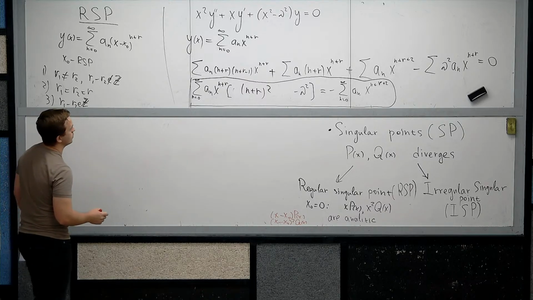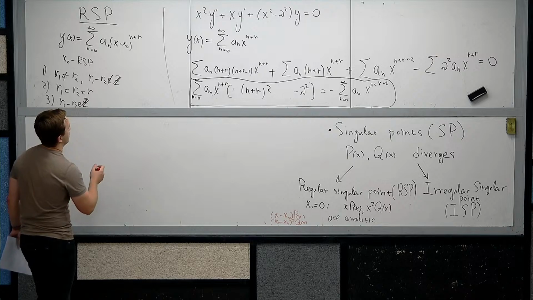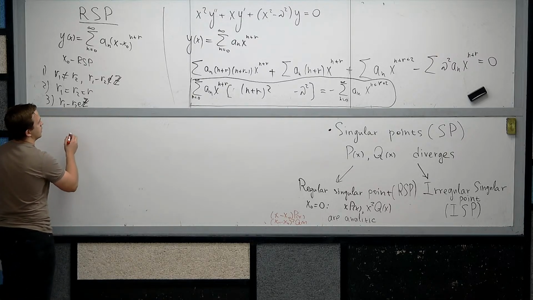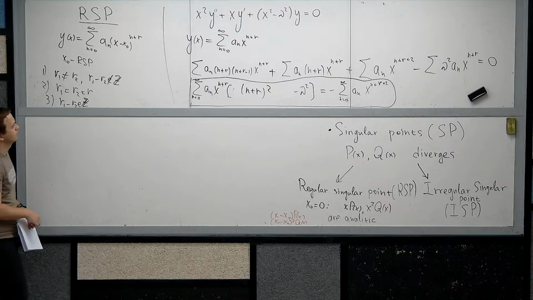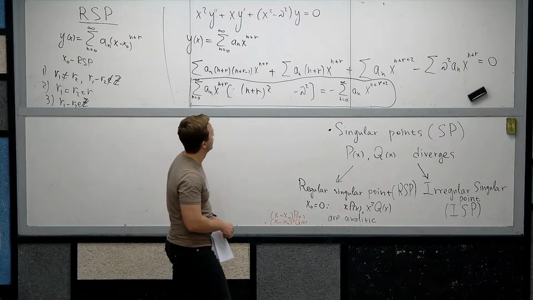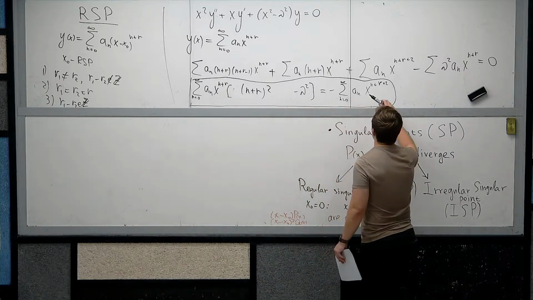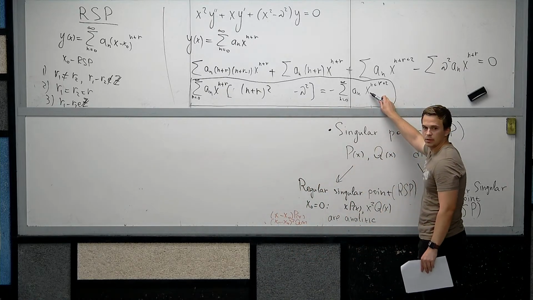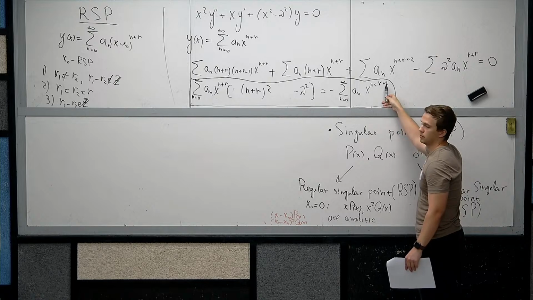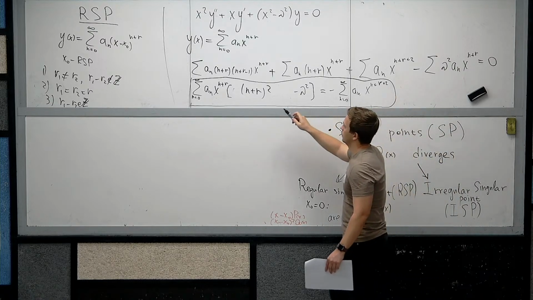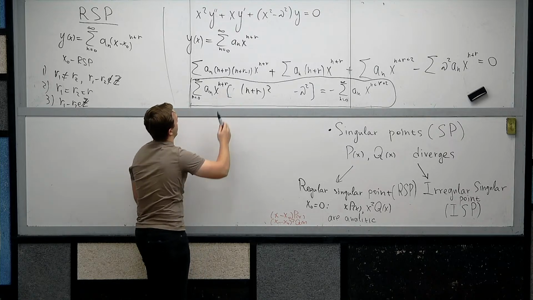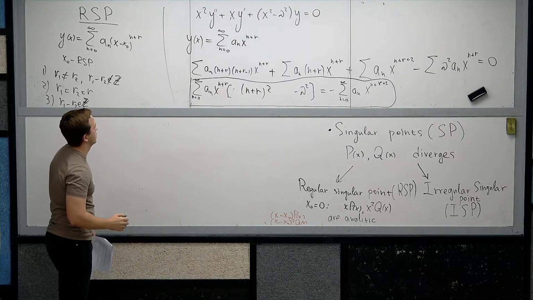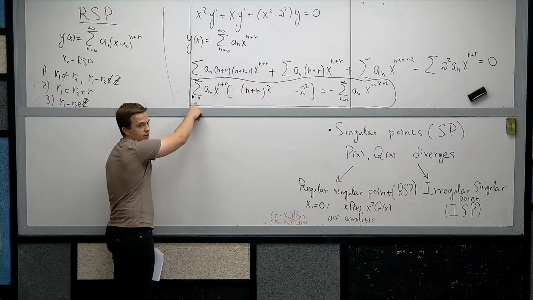So let's write it in this way. The first power of x here is r plus 2, right? The first power of x here is r. Okay? So that's why let's just write the first two terms of this.